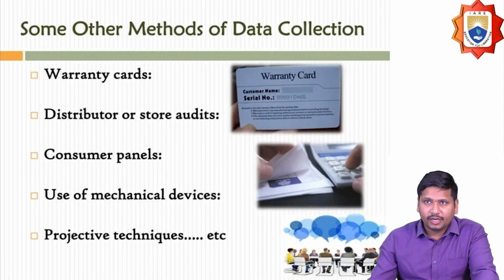Some other methods of data collection are warranty cards, where the information put in the warranty card is primary data, distributor or store audits, consumer panels, the use of mechanical devices for extracting data, and projective techniques.